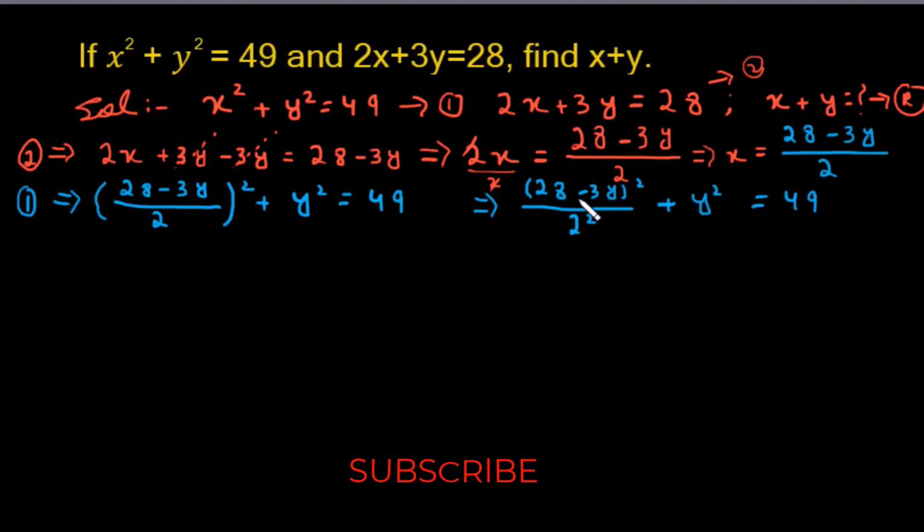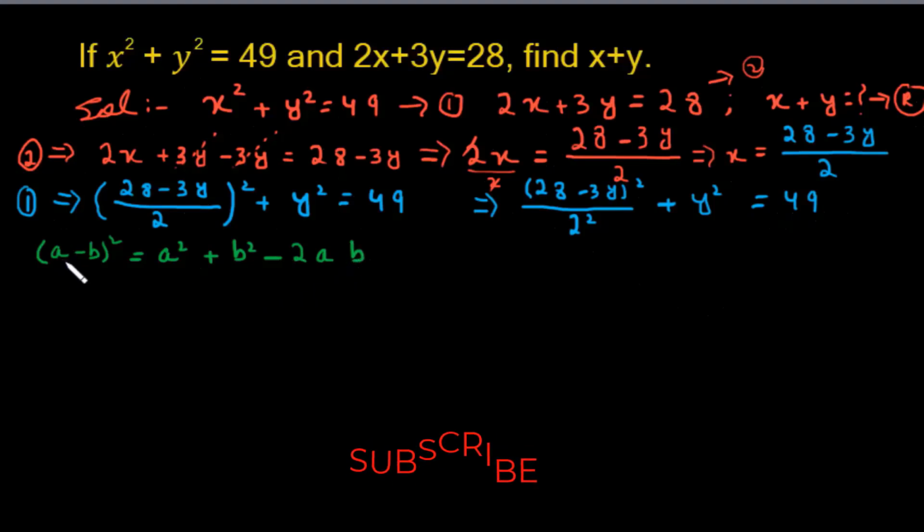Keep watching. Now I have to expand this bracket. In order to do so, we have a school formula, that is (a minus b) whole squared is equal to a squared plus b squared minus 2 times a times b. Here a is the first term and b is the second term.